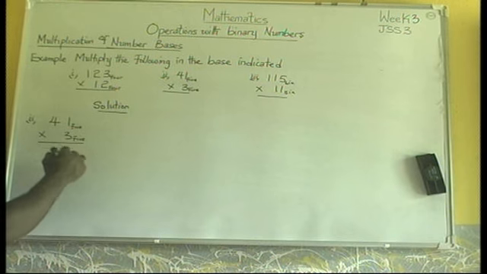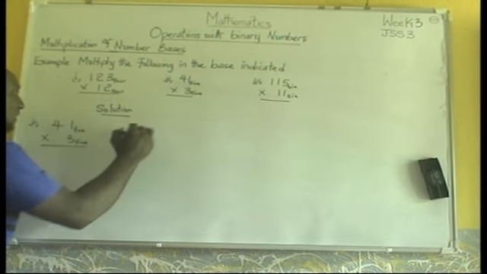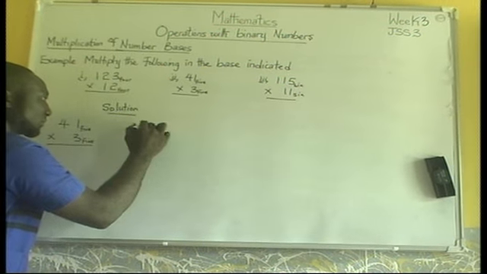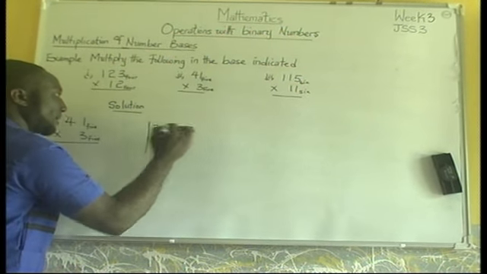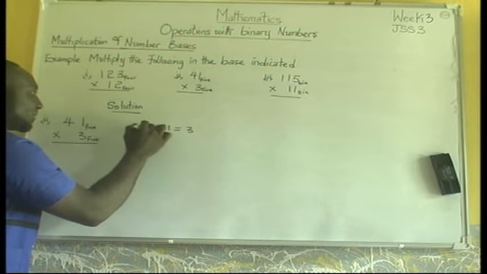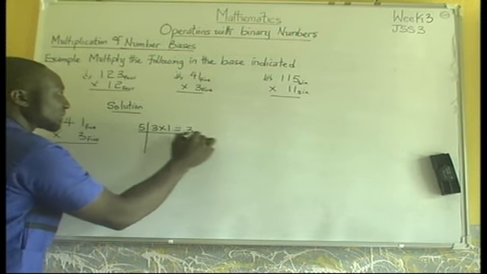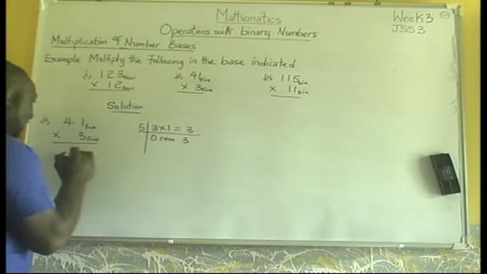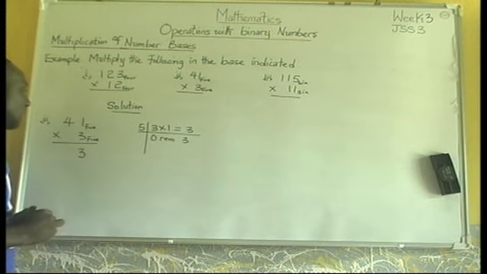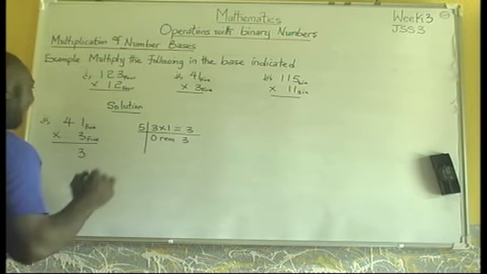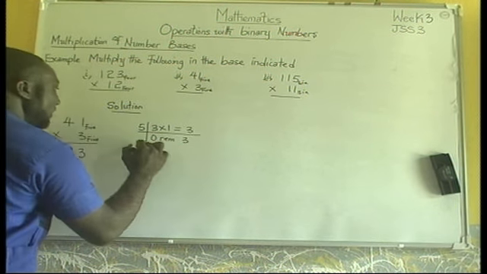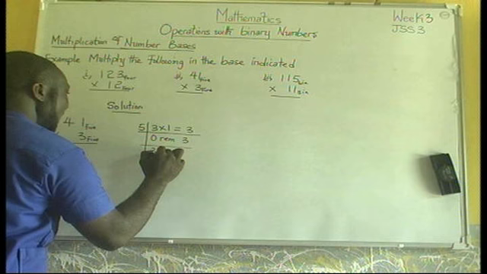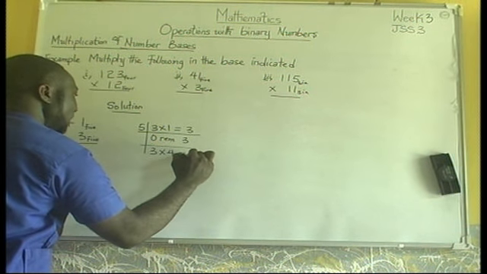Now, solving this, 3 times 1 is equal to 3. Then we operate it in 5. 5 in 3 is 0, remainder same 3. So here will be 3. Also, the next one is 3 times 4, which is equal to 12.